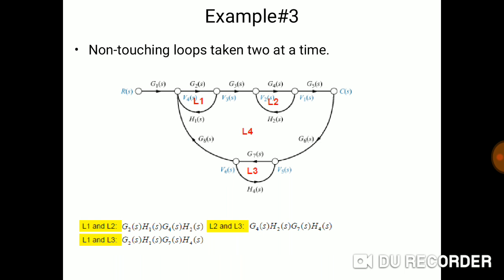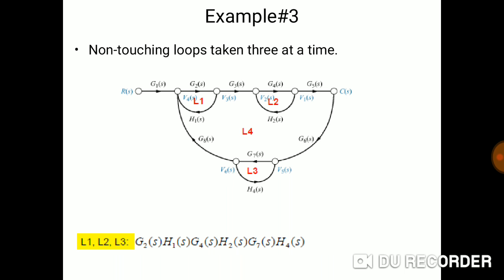Then the non-touching loops taken two at a time. L1 and L2 are non-touching to each other, L1 and L3 are also non-touching, and L2 and L3 are also non-touching. So three pairs of non-touching loops are there. Then L1, L2, L3 are also not touching each other.